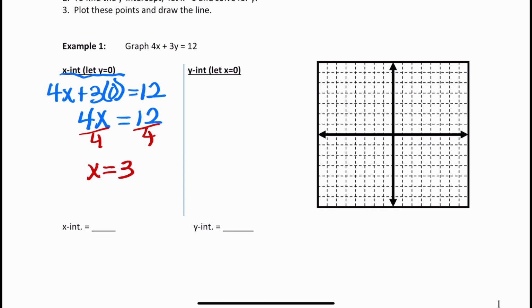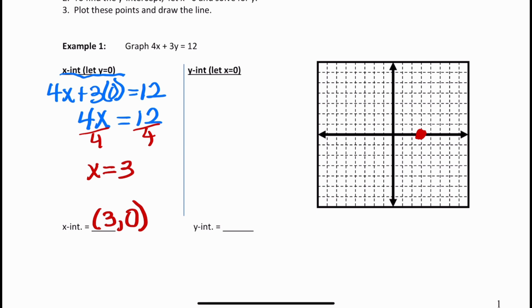So we found an x, which means we found the x-intercept, and we found that by letting y equal 0. The x-intercept of this line is going to cross the x-axis at 3 when y equals 0. And now let's find the y-intercept.